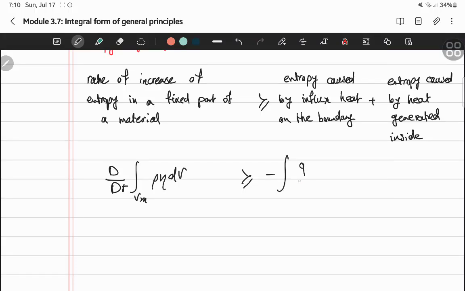So we have minus Q over theta dot n ds, and it's from the boundary Sc, plus the integral of rho qs divided by theta dv over Vc.